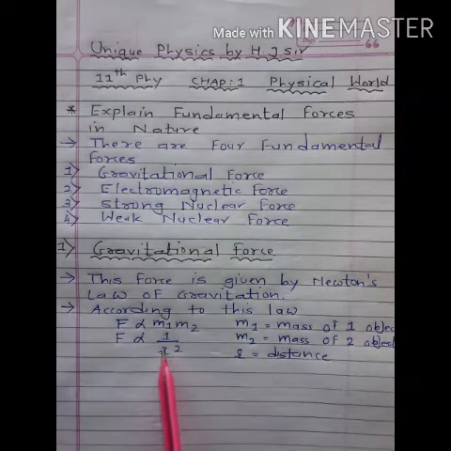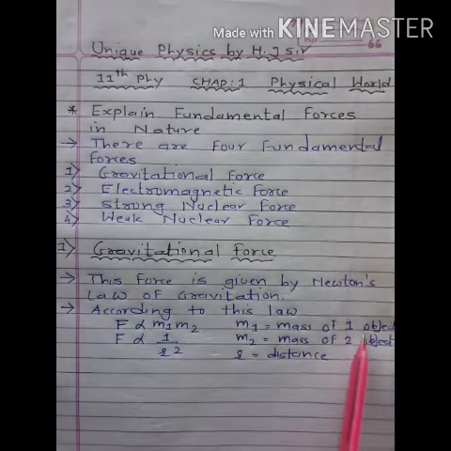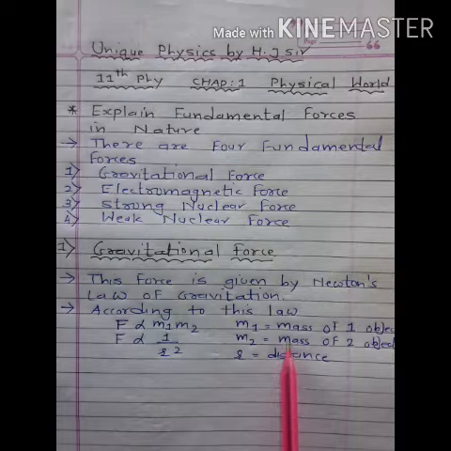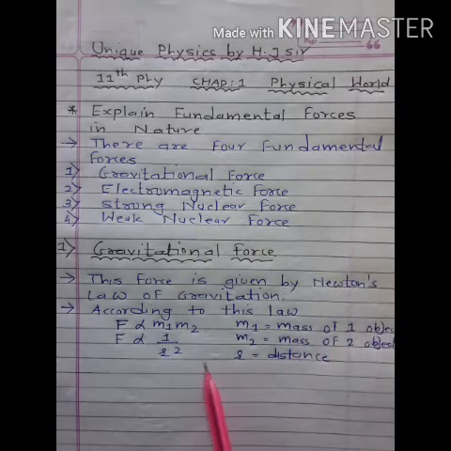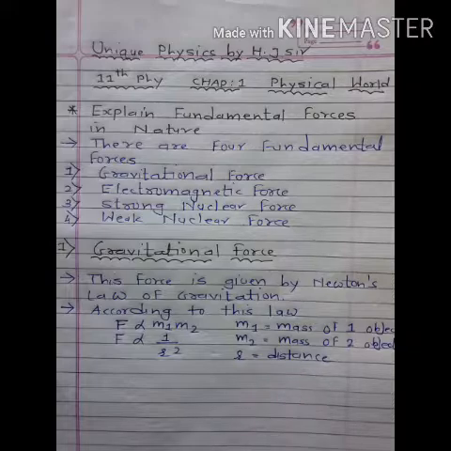Dear students, remember this point. Here m1 is called the mass of the first object, while m2 is the mass of the second object, while small r is the distance between them.